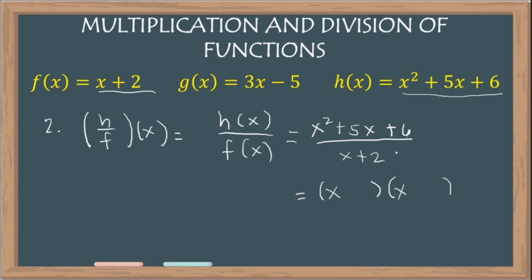Ano yung dalawang numbers? Na pag inad natin, pag tinimes natin, 6, pero pag inad natin, 5. That is what? 3 and 2. 3 times 2, 6. 3 plus 2, 5. Okay? Or pwede mong panuorin yung aking video on factoring trinomials.